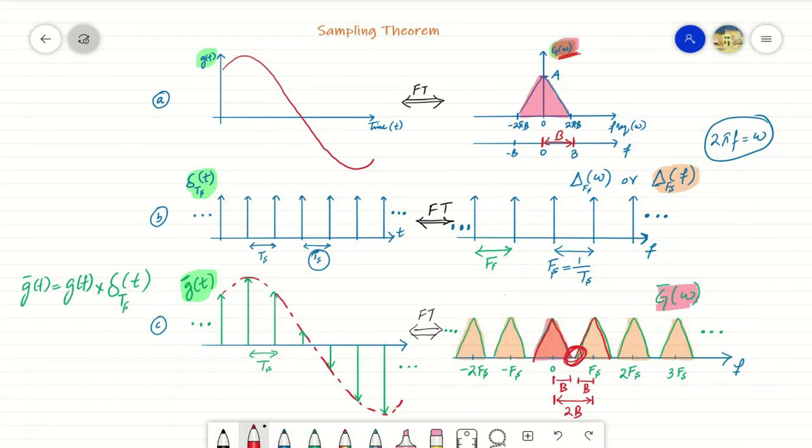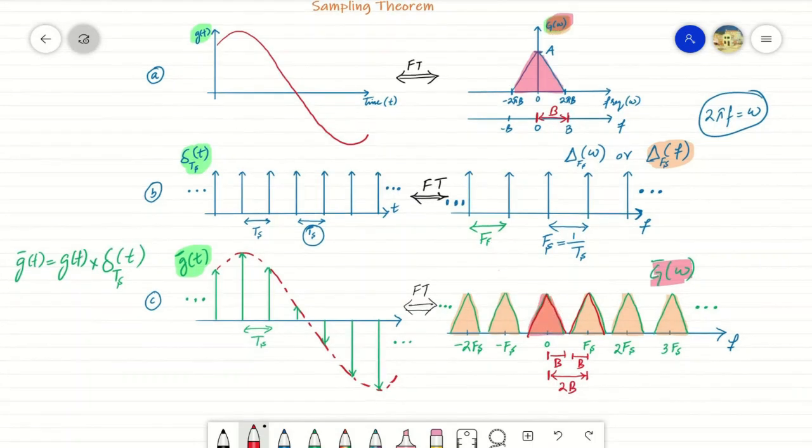So there must be no overlap between the successive representations of g of omega in g bar of omega, in order to enable us to reconstruct the original signal g of omega by passing it through a filter in the frequency domain to retain one copy, the baseband variant, while filtering out all of its other copies. This reconstruction will only be possible if and only if there is no overlap between the successive representations of g of omega in this sampled signal g bar of omega.